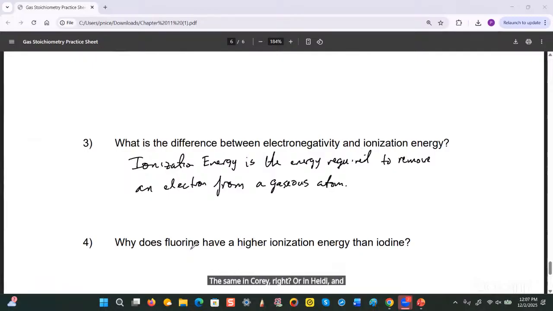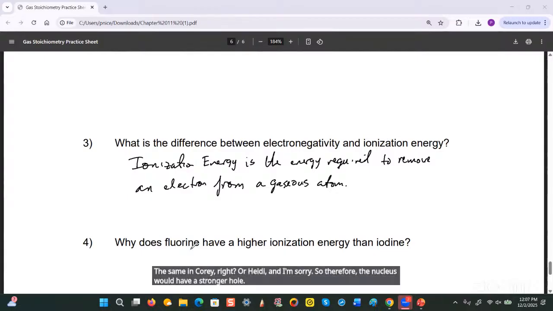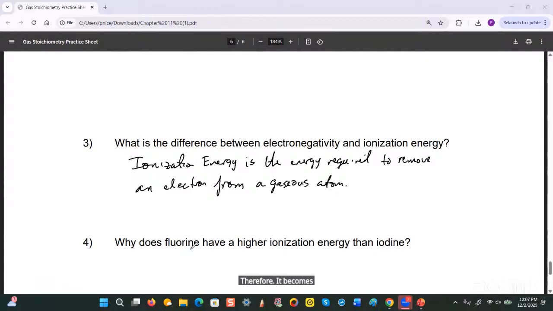So the nucleus will have a stronger hold on the valence electron, and in the case of fluorine, it is more difficult to remove the valence electron compared to doing the same thing for iodine.